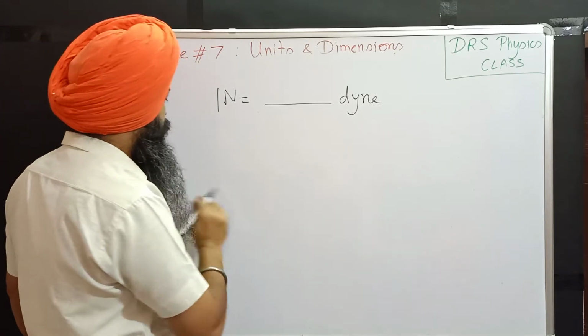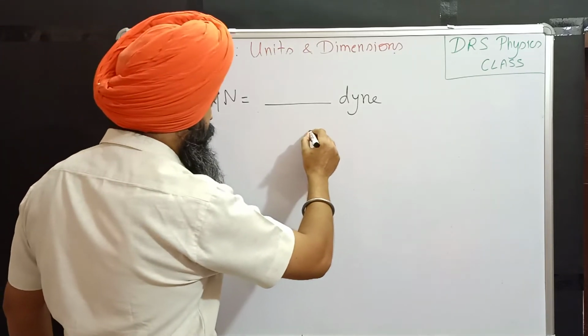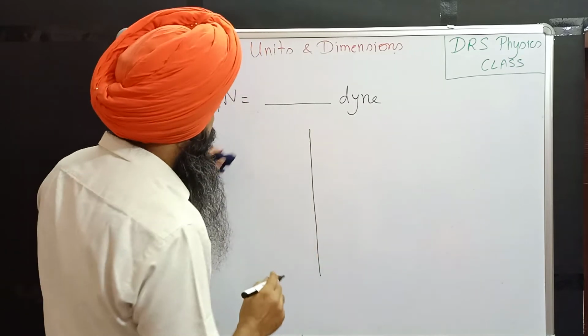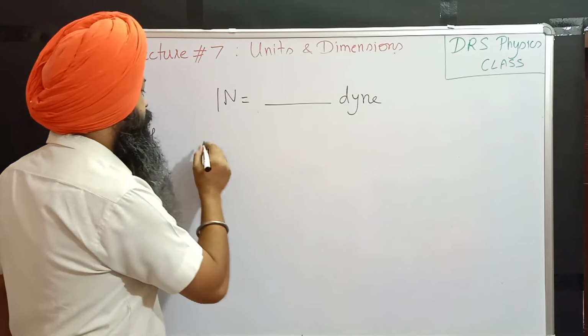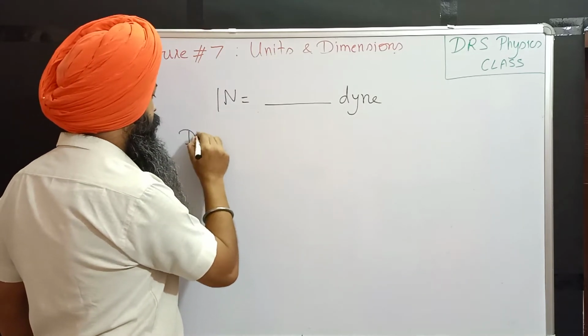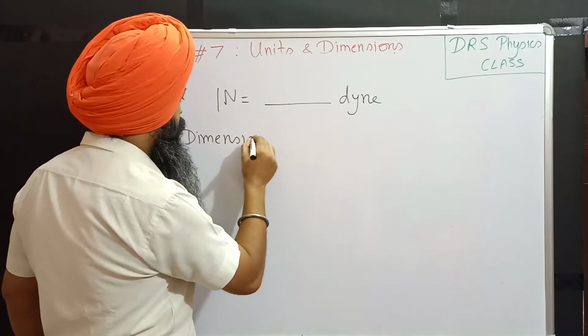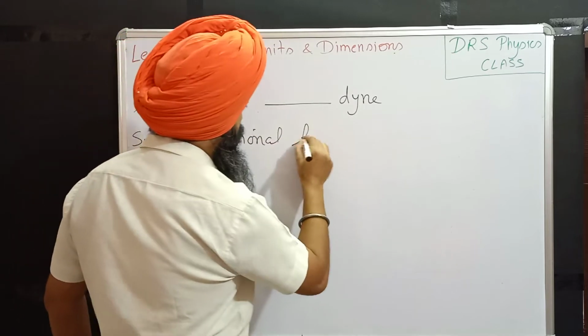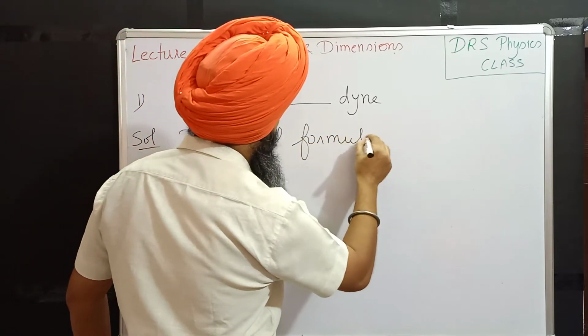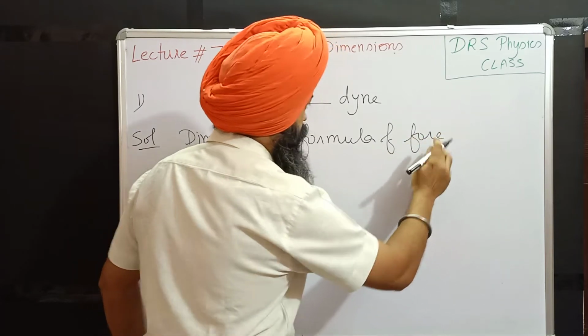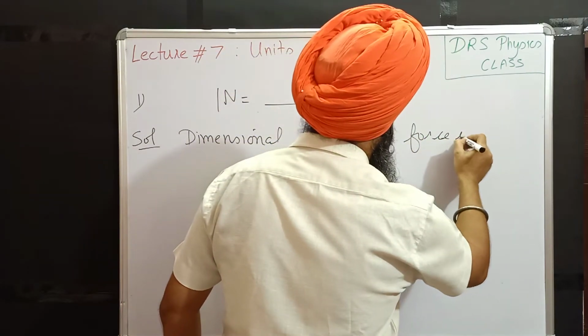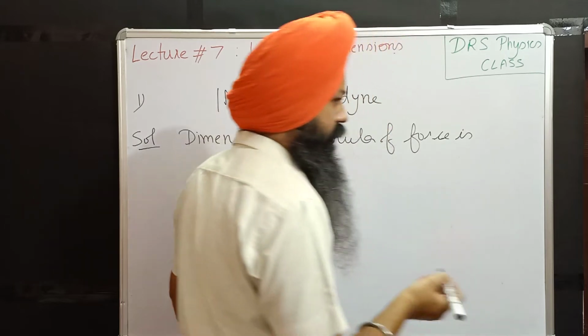We say what is given to us, so mark a partition here. The dimensional formula of force is, what is the dimensional formula?